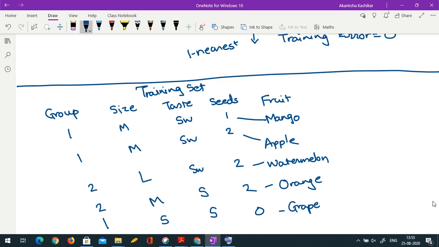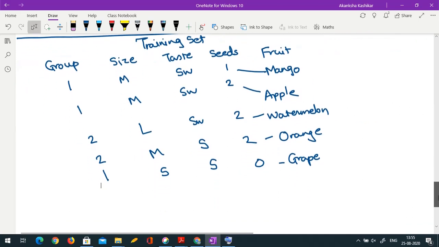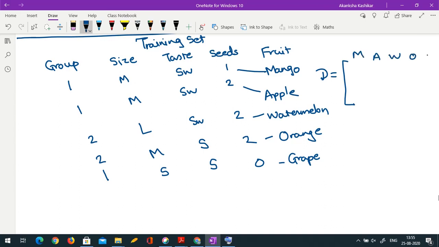Now on the basis of this training set, suppose I want to first do a 3 nearest neighbor classifier for each observation. So first I'll need to compute the distance matrix. I have 5 fruits: mango, apple, watermelon, orange, grape.